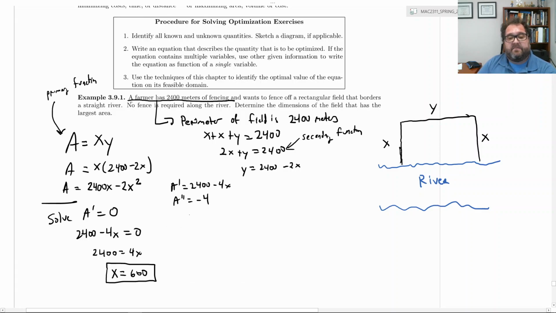So A double prime evaluated at x equals 600 is what? Well, it's a constant function, so no matter what we plug in, you're going to get negative 4. So it is negative.